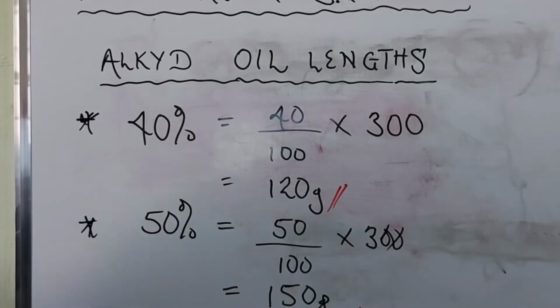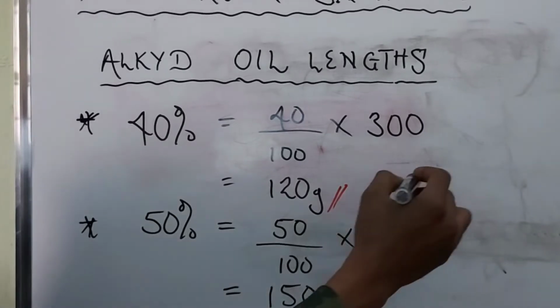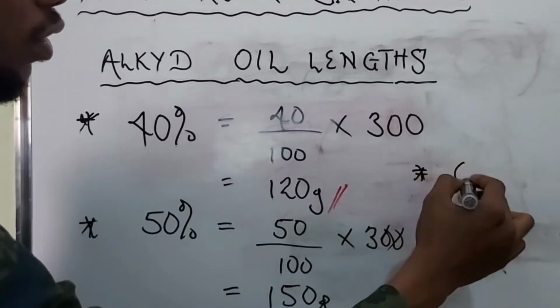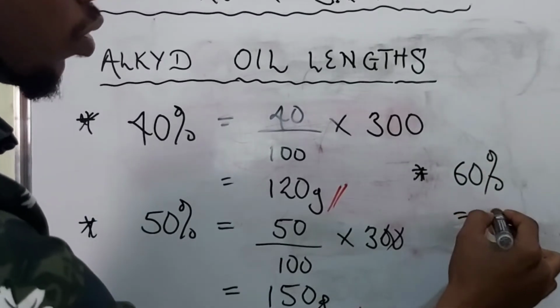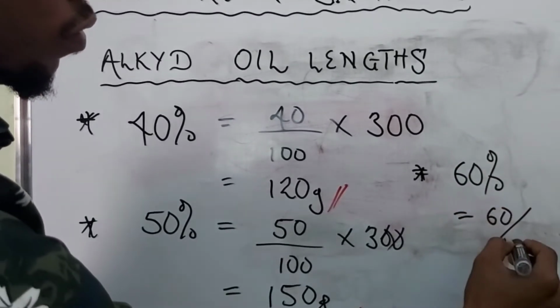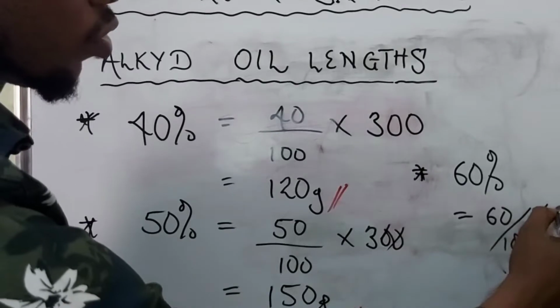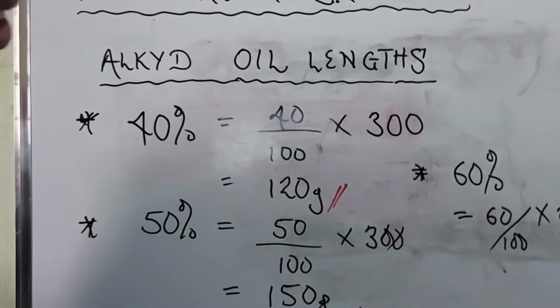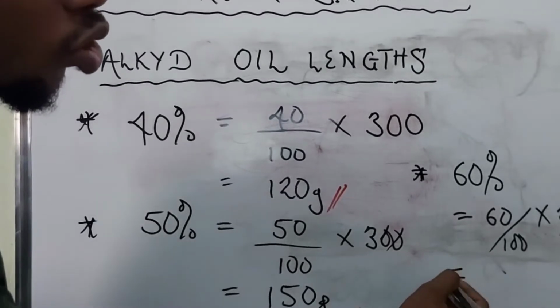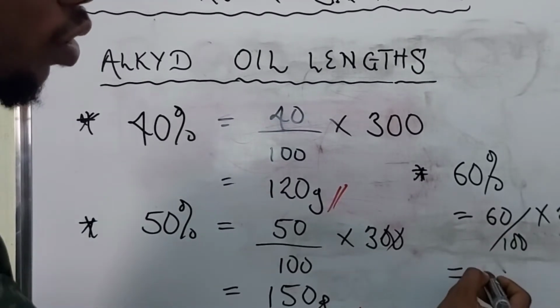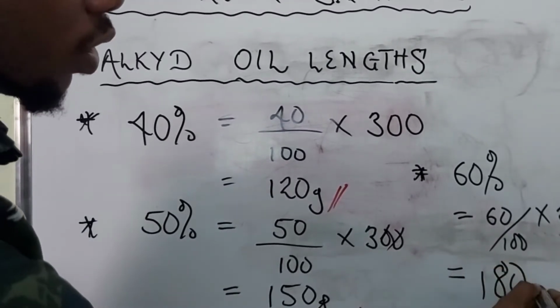Likewise for a 60%, the long alkyd resin, we'll have 60 over 100 times 300. Remember, 300 is variable depending on what total weight of resin you want to produce. So this will give us 180 gram.